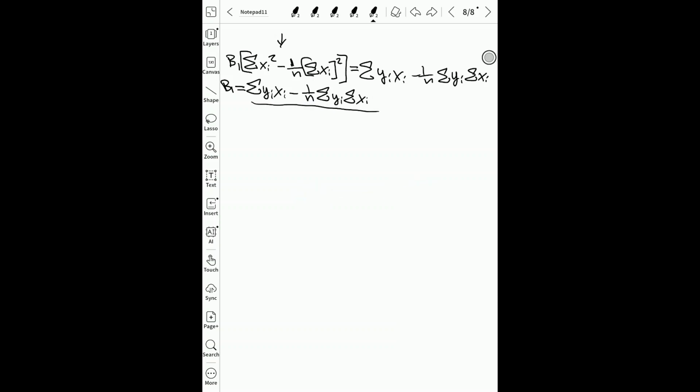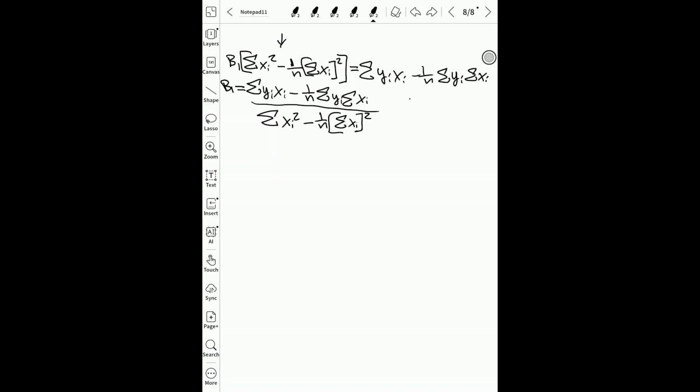This whole right-hand side of the equation is divided by the sum of xi squared minus 1 over n sum of xi, squared.